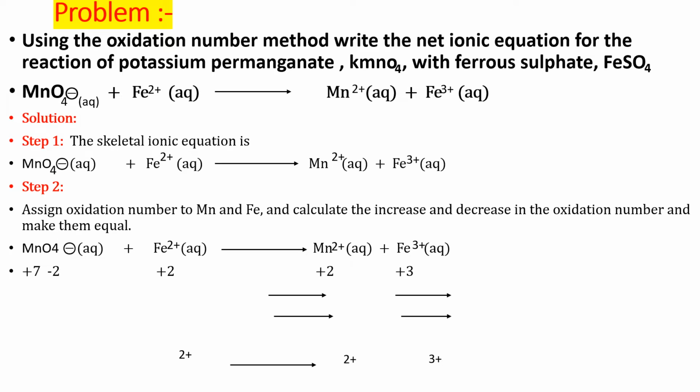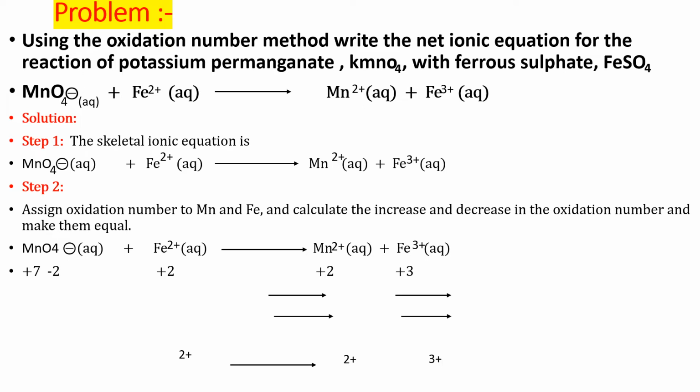This equation is to be balanced by the oxidation number method. Simple solution. In the first step, the skeletal ionic equation is written down: MnO4 minus plus Fe2 plus gives Mn2 plus plus Fe3 plus. The same equation you write down in the first step.